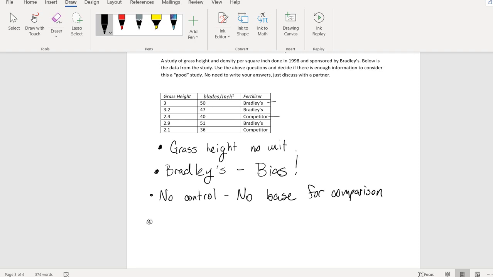All right, and let's just throw one more in there. They also didn't tell us where or when the study was done. They told us it was done in 1998, but was it done in the winter? Was it done in the fall? Was it in a controlled setting of a greenhouse?